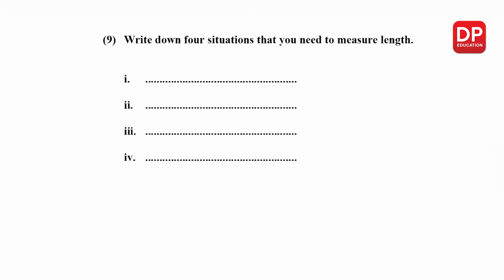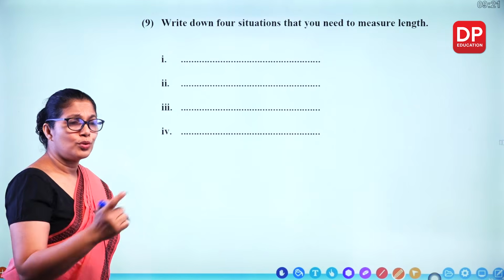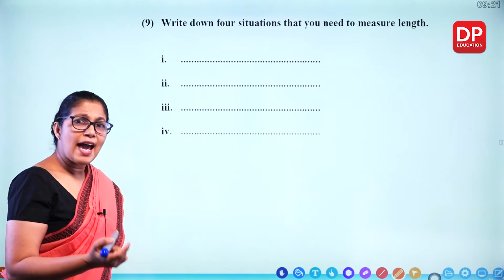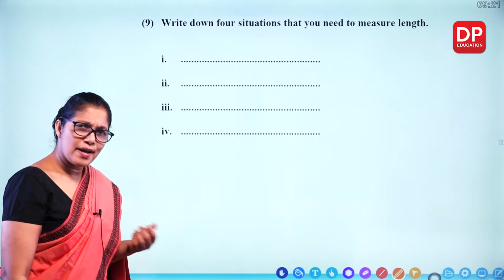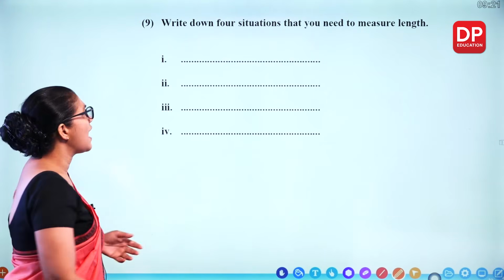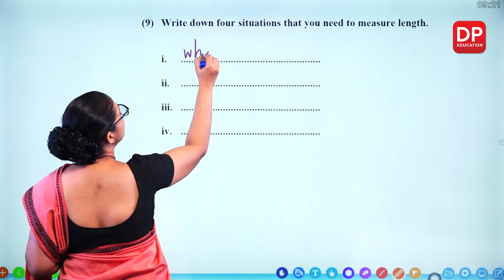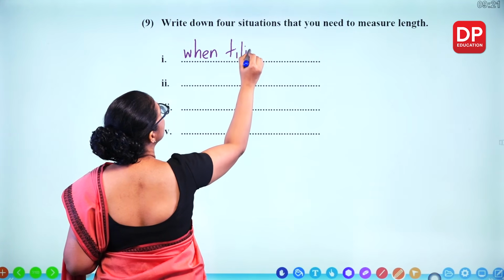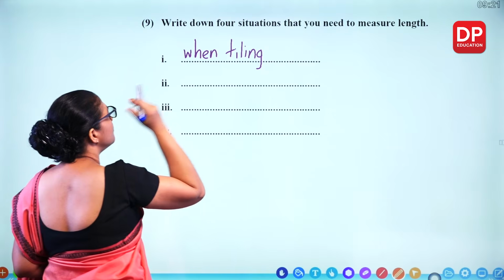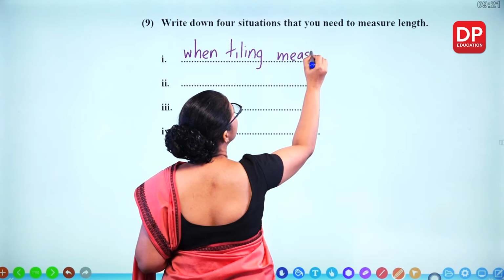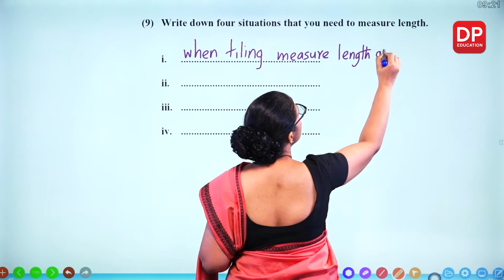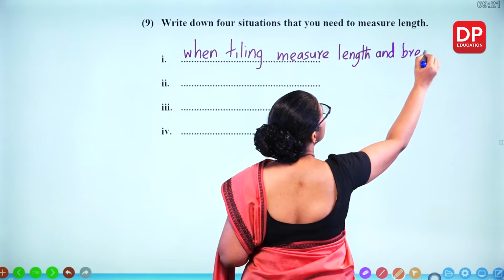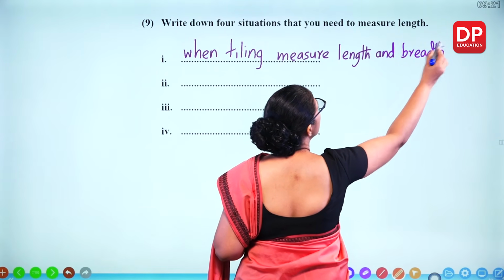Write down 4 situations that you need to measure length. So when you want to fit tiles to a room, we need to measure the length of the room and the breadth of the room. So when tiling, you need to measure length and breadth of the room.